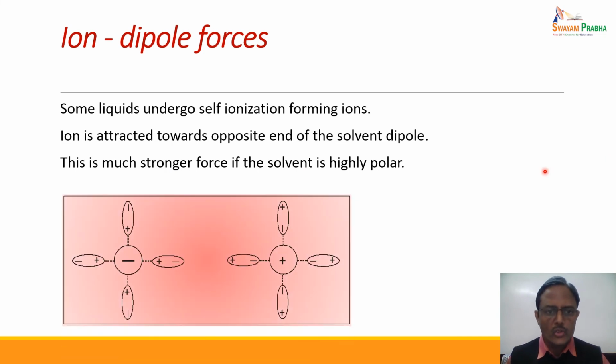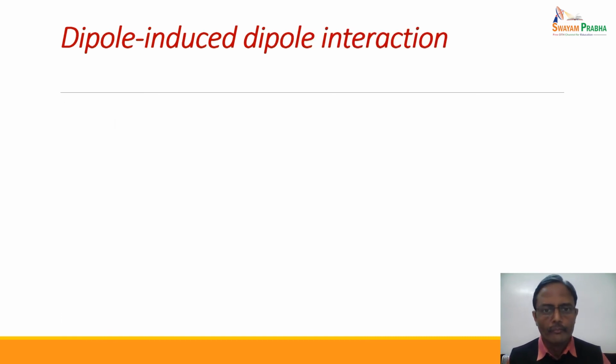We can show this type of interaction as a negatively charged ion being attracted by the dipoles with their positive terminals facing the ion. Similarly, the positively charged ion or the cation will be attracted by the dipoles with their negative terminals facing the cation. So this type of interaction will definitely exist in various liquids, including even water.